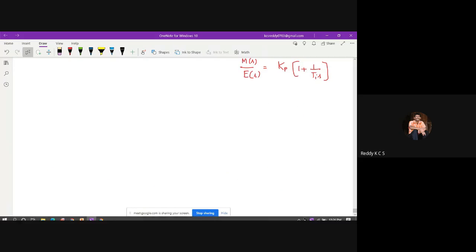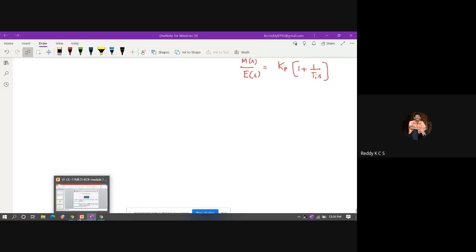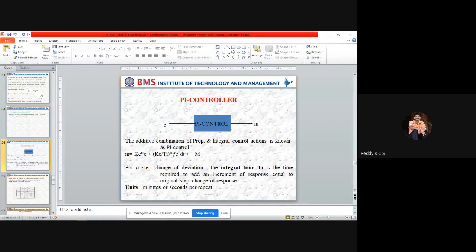This is about the additive combination. As we said, we have added proportional plus integral, and there is the integral time, which is the time required to add an increment of response equal to the original step change of response.